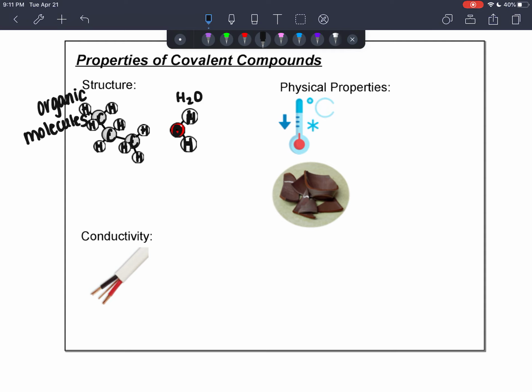Now, notice I use the word molecule. We call particles held together by covalent bonds molecules. So these pictures that I have are pictures of molecules. So I'm going to even define it right here. Molecules are atoms held together with covalent bonds.